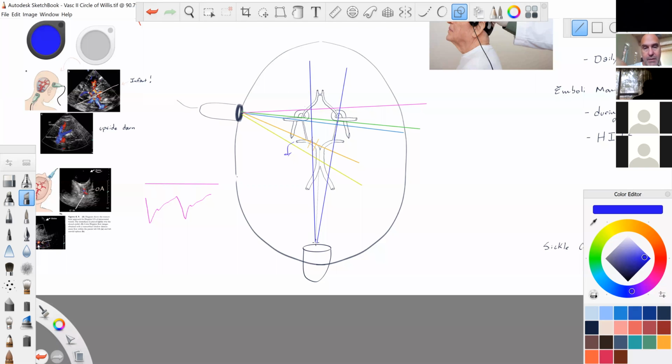And you could even get the basilar artery from that point of view. So that would be the more occipital approach. All right, I'm sorry, it is called the foramen magnum approach.